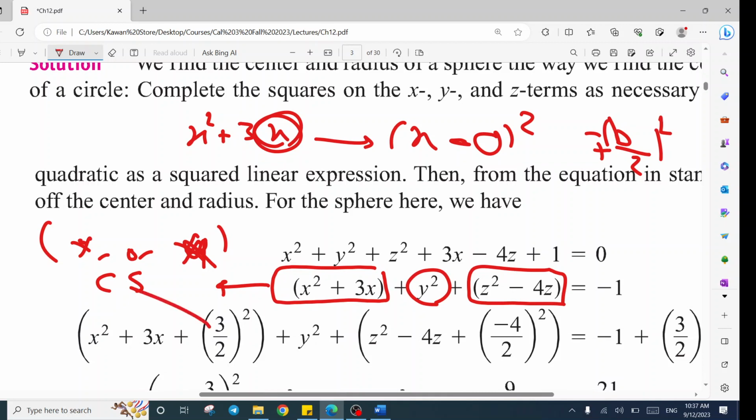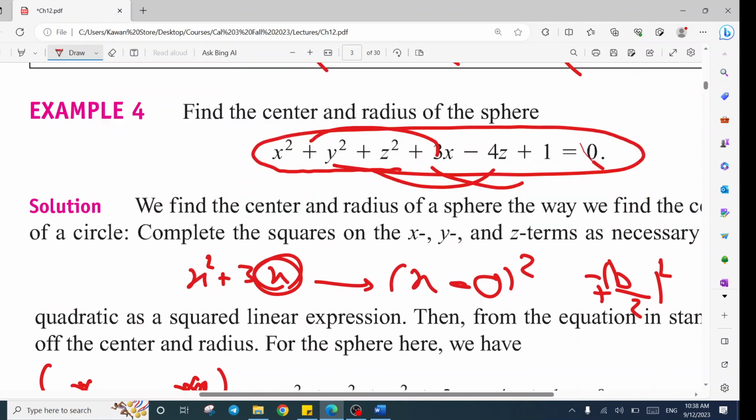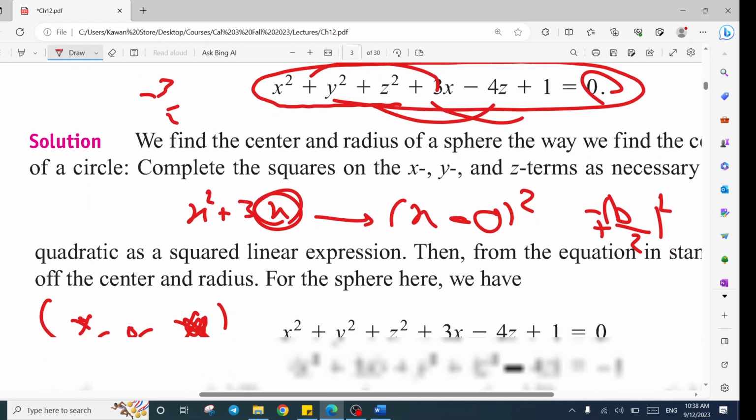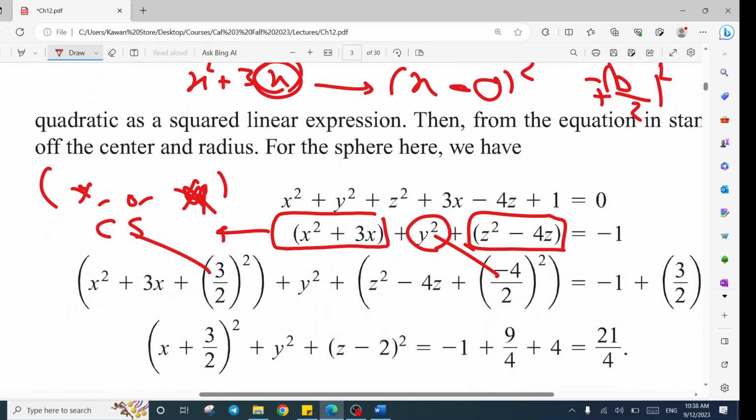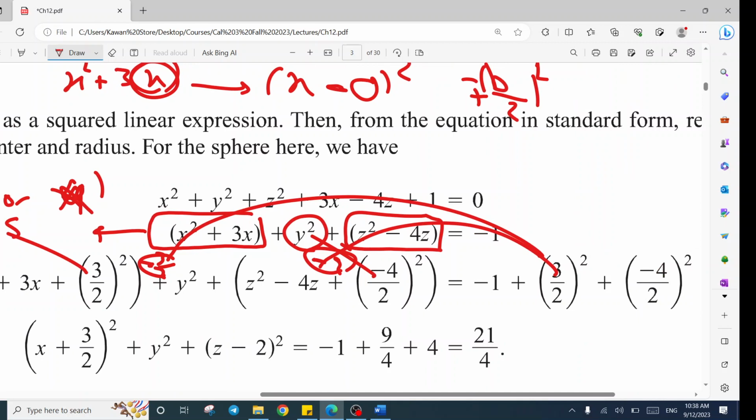Now you know where we'll bring that one and that one. Clear? So equal to what? At the beginning, here is equal to 0. So minus 9 over 4, that I will get from here, and minus 4, I'm going to bring to the other side. Clear? Good.